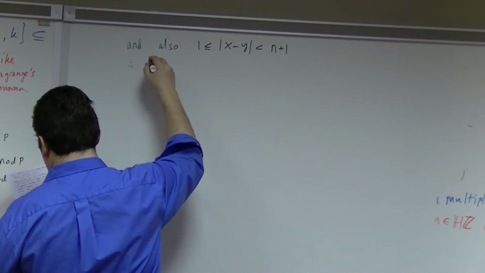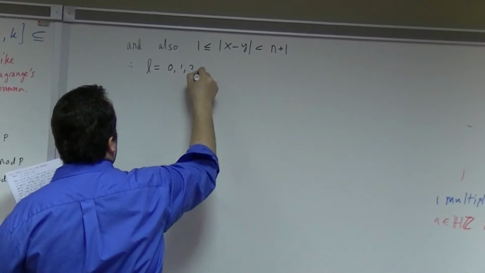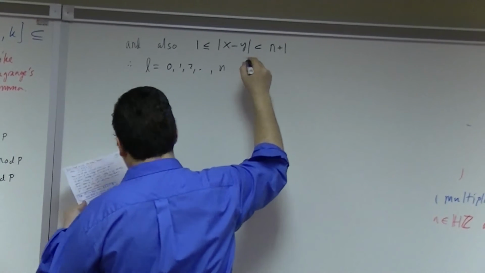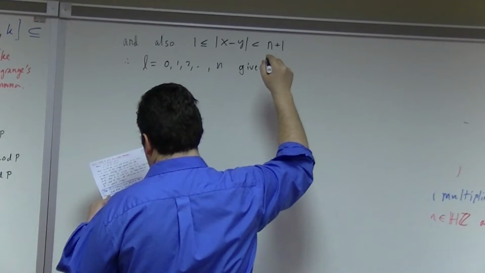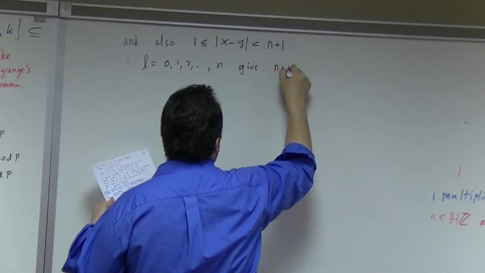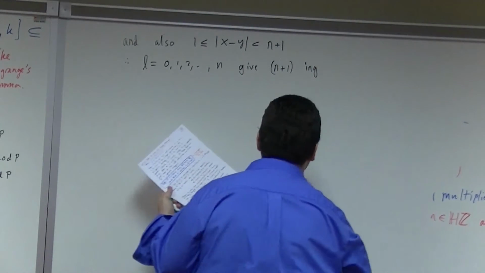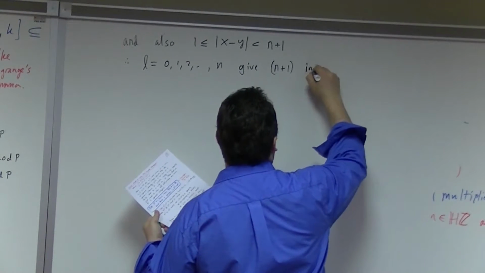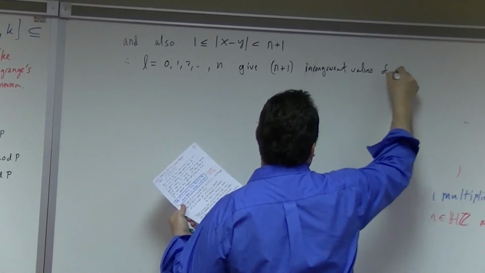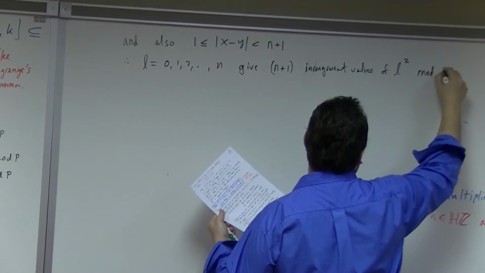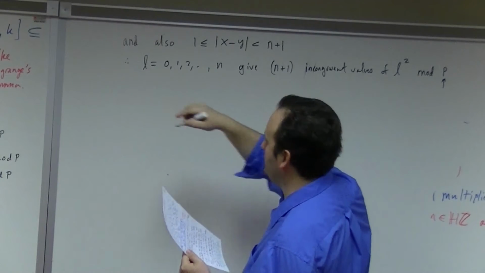Therefore, if we look at L being 0 to n, these give n plus 1 incongruent values of L squared mod P. And here P, of course, is still 2n plus 1.